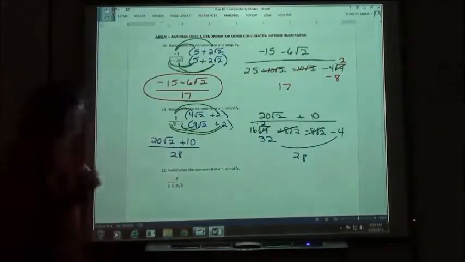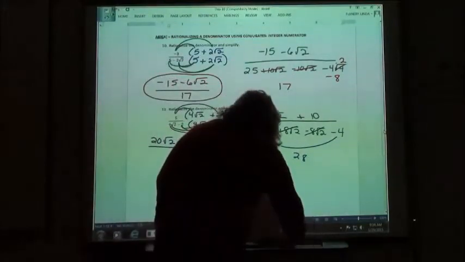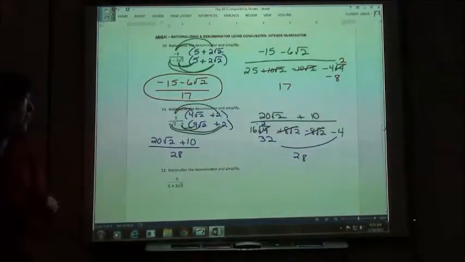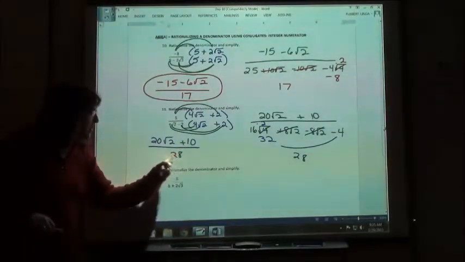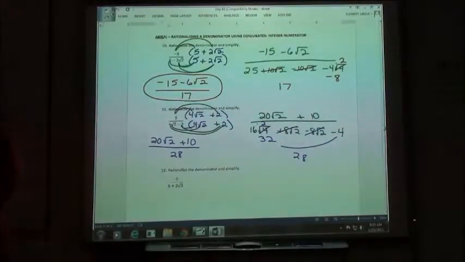So the answer is... We're not quite done, because we can simplify that fraction. Why do you suppose we can simplify that fraction? We couldn't simplify the top one, but we can simplify this one because all of these numbers are divisible by 2, right?